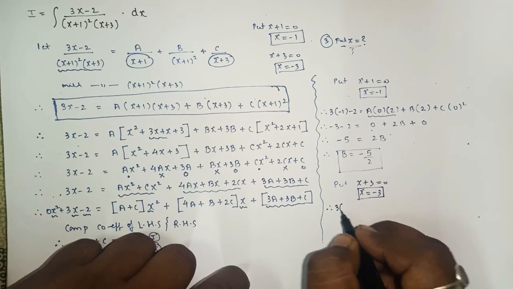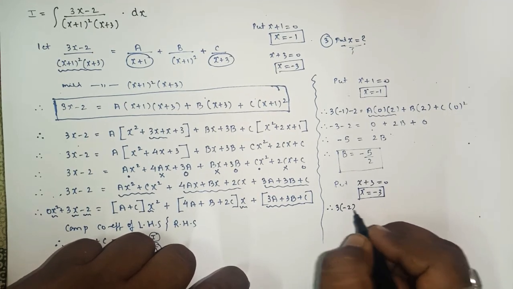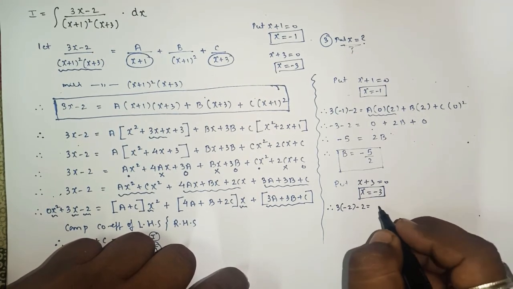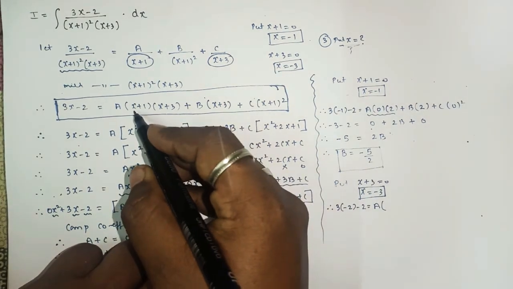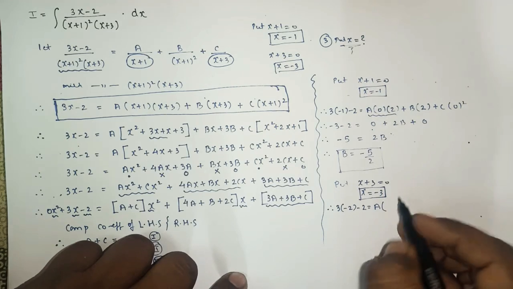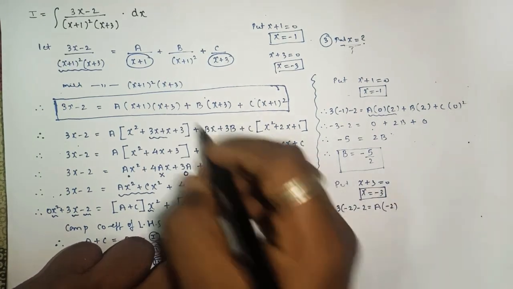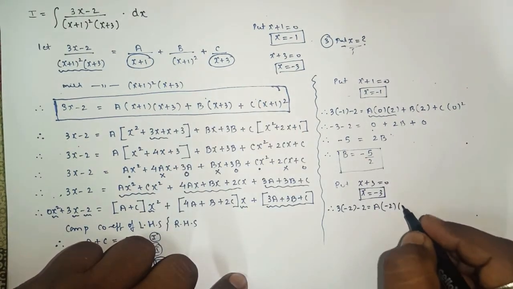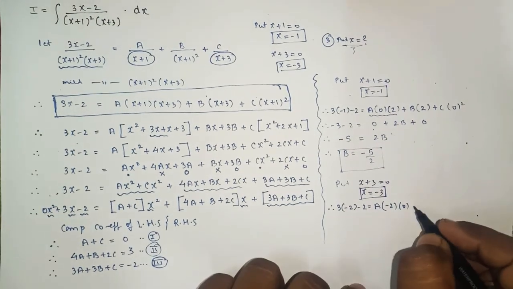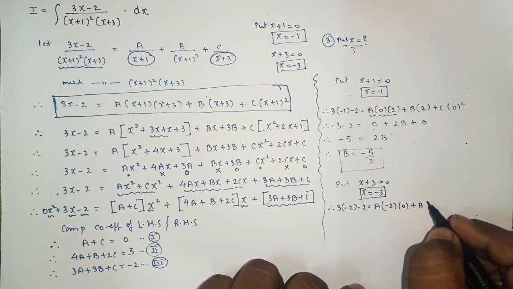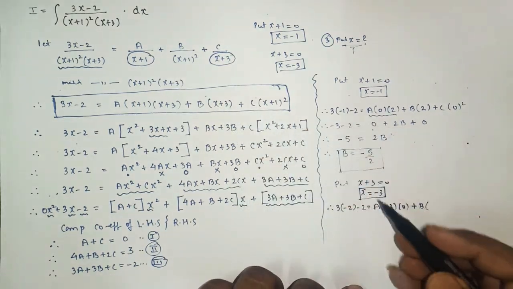So here it will be 3 minus 2 minus 2a. Here minus 3 plus 1 is minus 2 and minus 3 plus 3 is 0. Then plus b, we'll replace this x by minus 3.